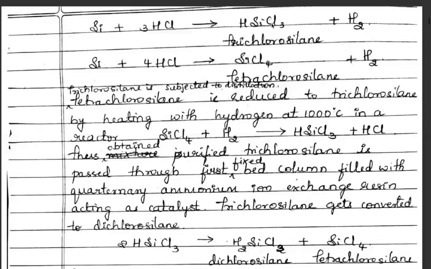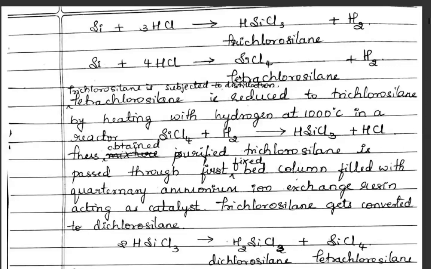Why trichloro? Chlorine atoms are 3 here, so it is called trichlorosilane, and here they are 4, so it is called tetrachlorosilane. Now whatever trichlorosilane is obtained is subjected to distillation. But this tetrachlorosilane, we need to convert it to trichlorosilane because it has 4 chlorine.